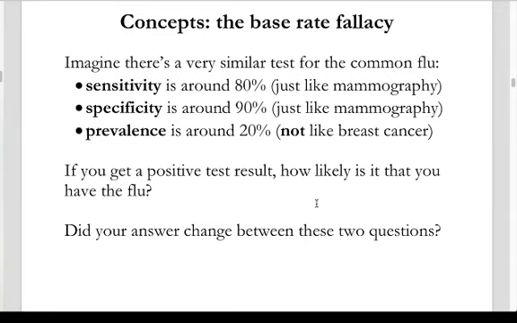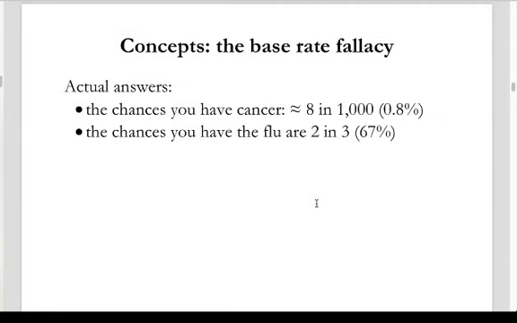And what Bayesian reasoning tells us is that you should have. Why is that? Given these positive test results, the actual chances that you have breast cancer are less than 1%. But the chances that you have the flu are nearly 70%. So it's more likely than not that you do have the flu.